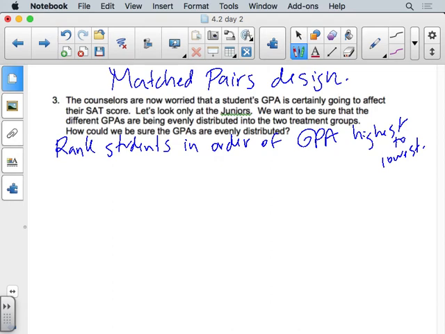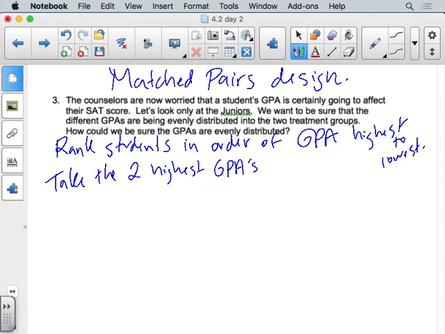And then the first thing would be, take the 2 highest GPAs. So take those 2 students with the highest GPAs, and you could use a calculator, use a digit table, or flip a coin to decide which group they go to. Do they go to the online SAT prep or the classroom?